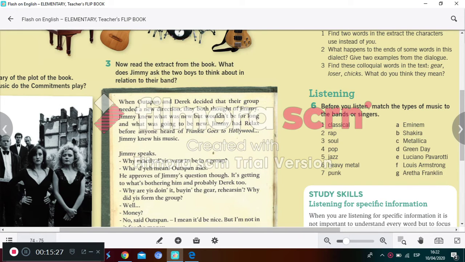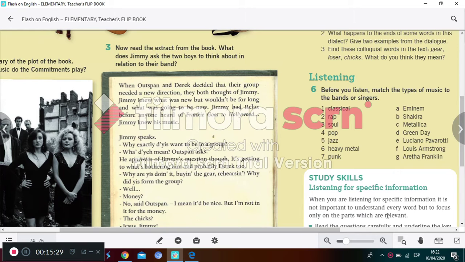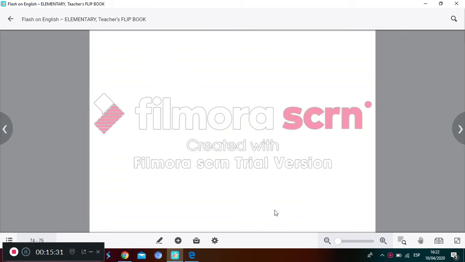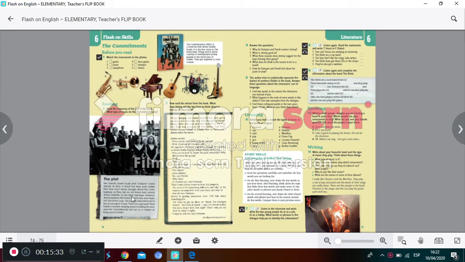Students, listen to your homework, please. Here you have two short texts. In the classroom, you need to record your voice reading these two paragraphs.